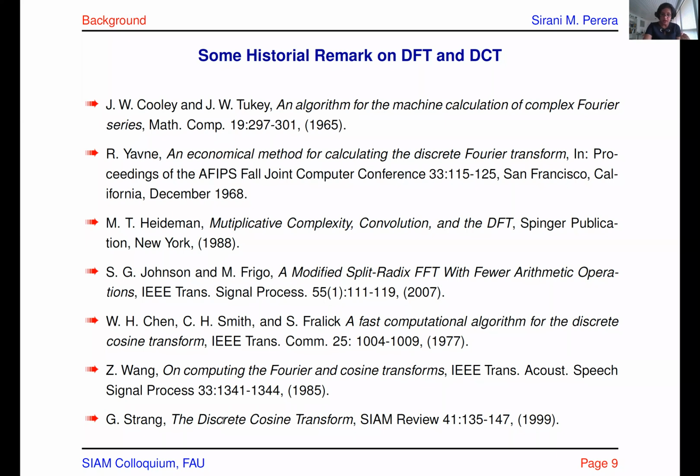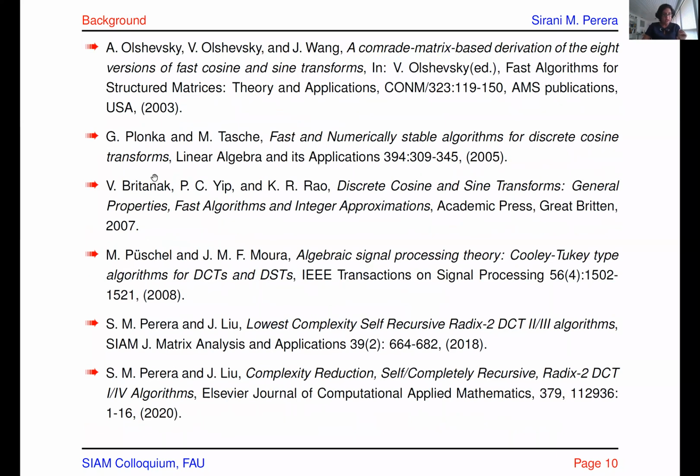Later on, Britanak, Yip, and Rao used the same approach that was used by Gilbert Strang to prove the remaining discrete cosine transforms, which are types 5 till 8, and also the sine transforms 1 up to 8. And they show the orthogonality based on a similar approach as in the Gilbert Strang paper.